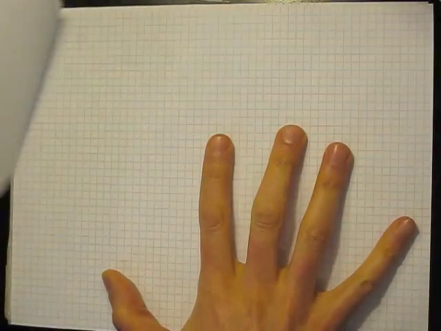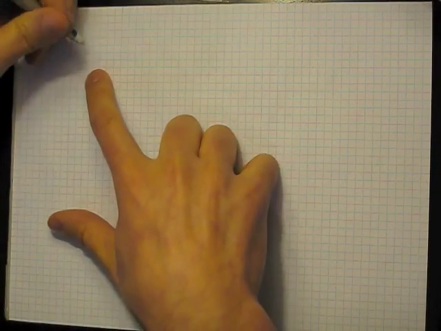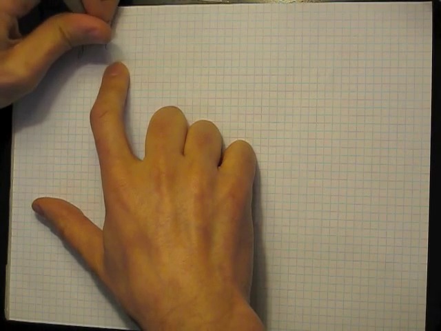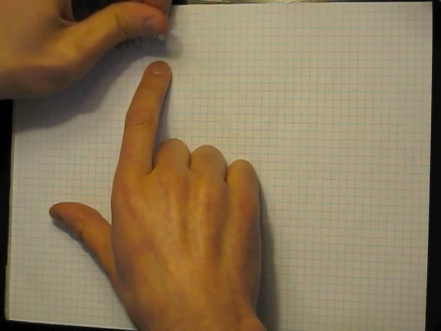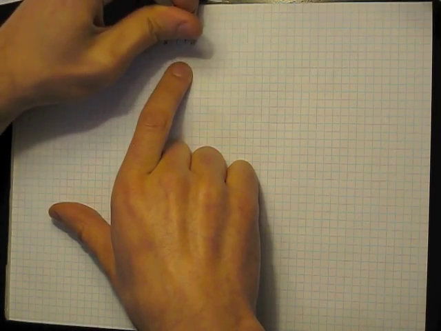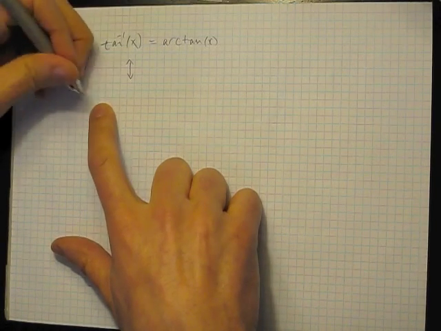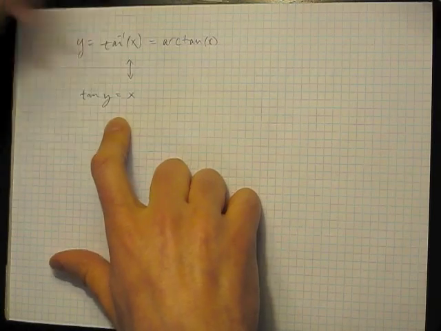Let's take a look at the inverse tangent function. This will be the last of our inverse trig functions that we'll think about. So y equals the inverse tangent function. This is called arctangent as well, arctangent of x. And what this means, same as with sine and cosine, is that the tangent of y is equal to x.